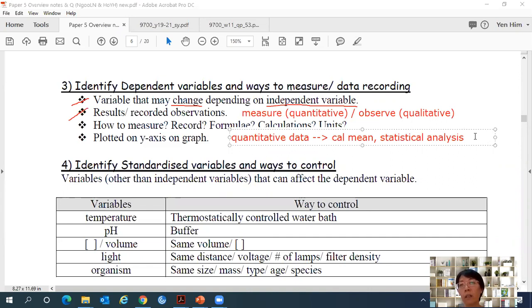Qualitative, you can't. You cannot calculate a mean for color, isn't it? Because of that, you cannot do statistical analysis. That's why it's better to have quantitative compared to qualitative data.